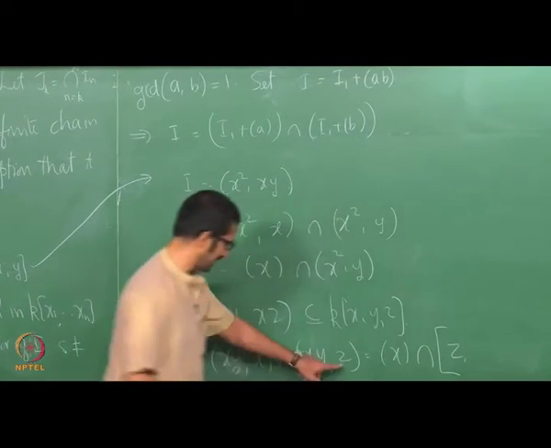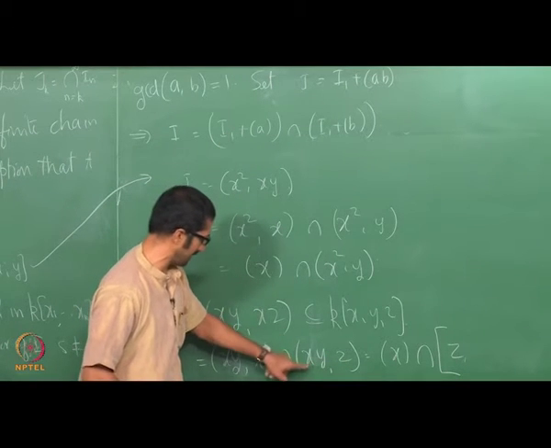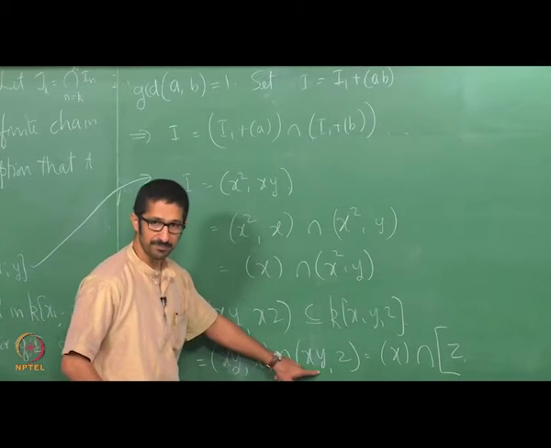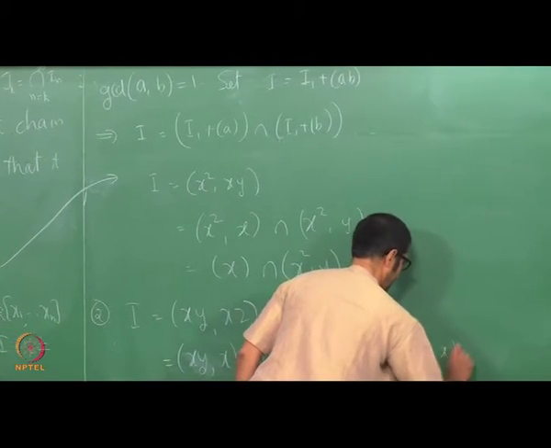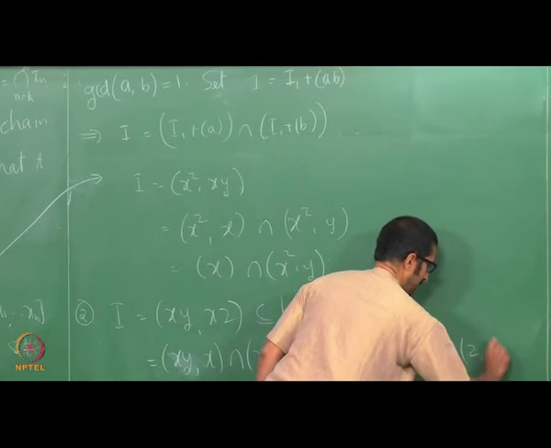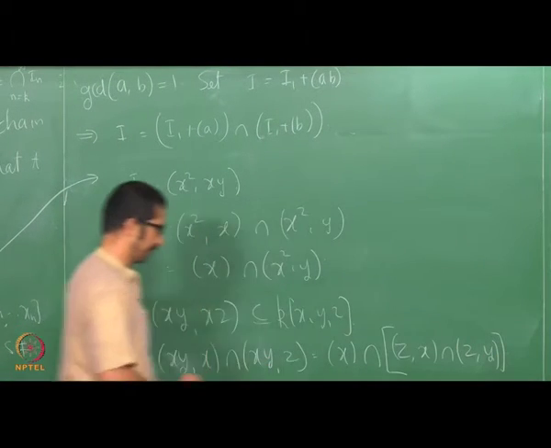I can think of z as I1 here and this as AB.